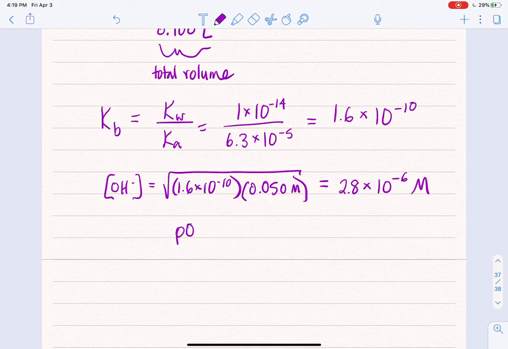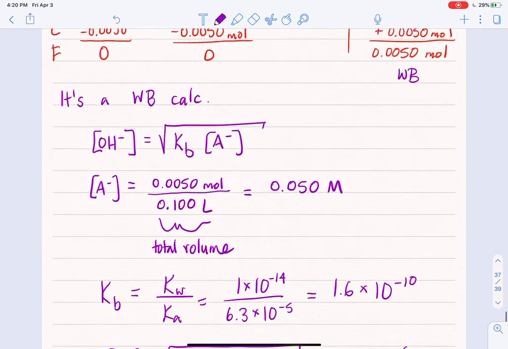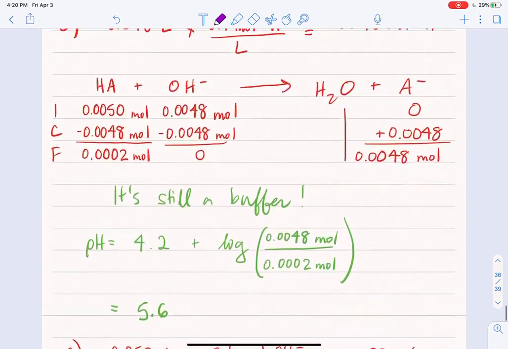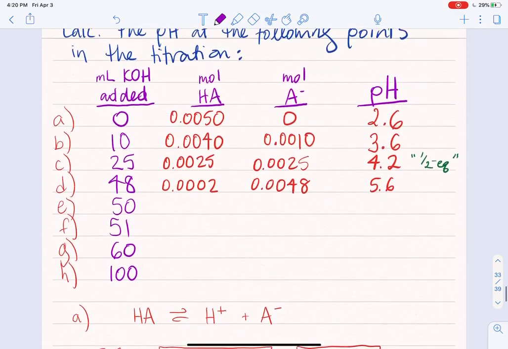You can take the negative log of it, and you should get 5.6. And then, of course, subtracting that from 14, 14 minus 5.6, you should get 8.4. Wow, so that is a basic pH. And you can see that it's a weak base calculation. You can see how the pH has shot up at equivalence compared with what it was before.